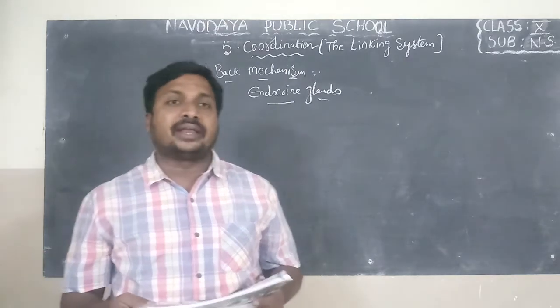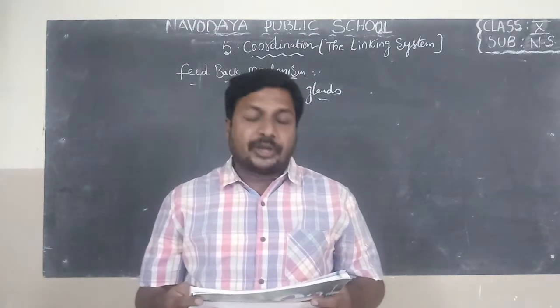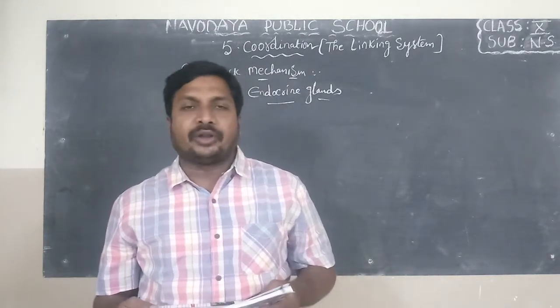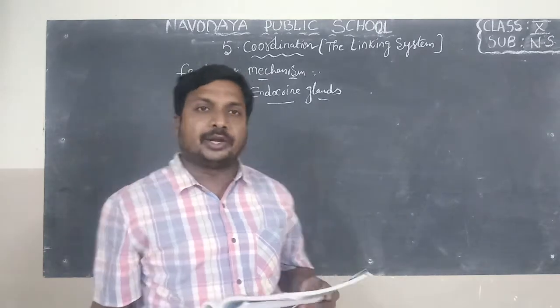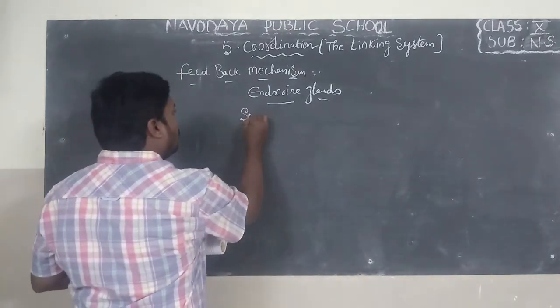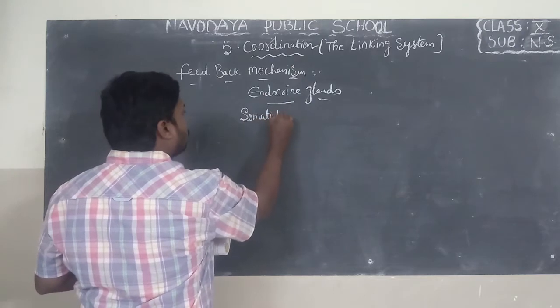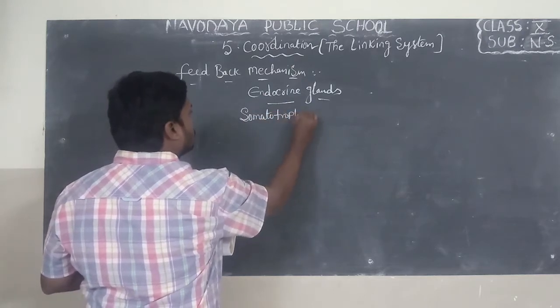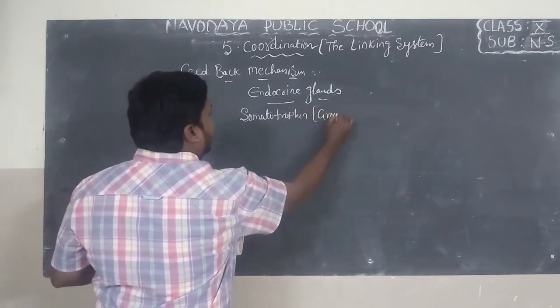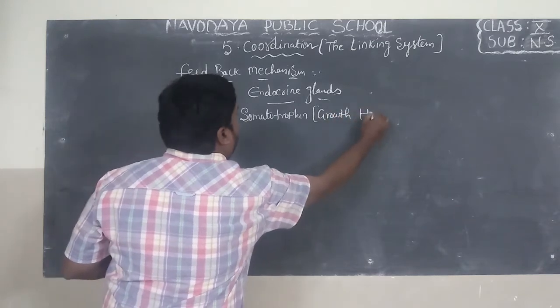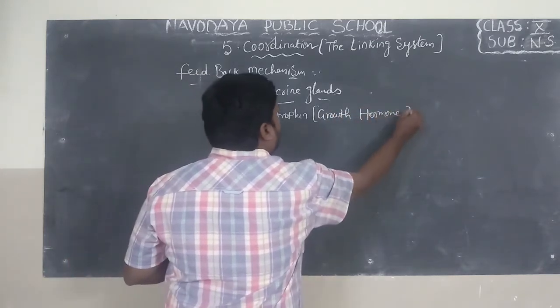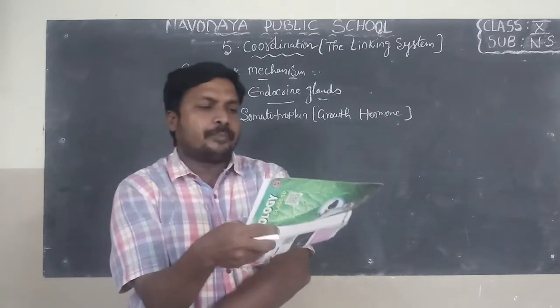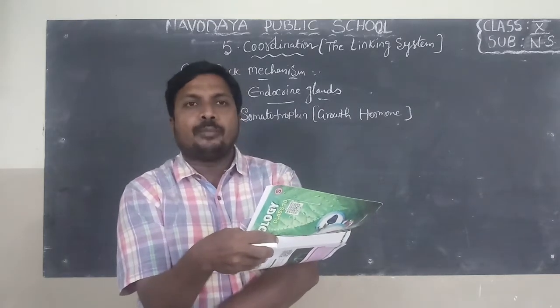A hormone secreted by the pituitary gland is known as somatotropin. Within brackets write down growth hormone. This hormone is responsible for normal growth of bones.